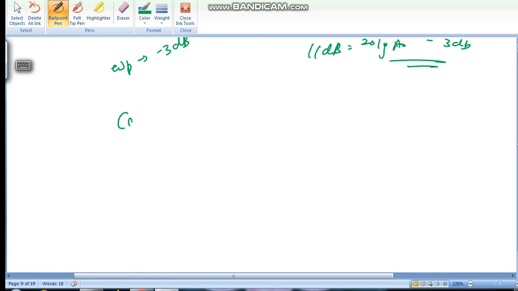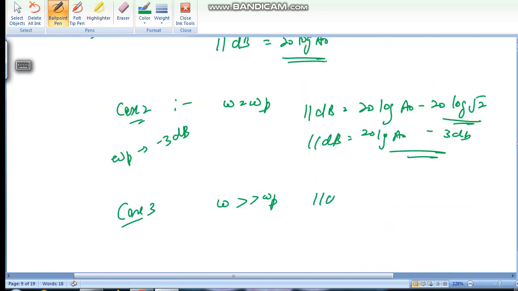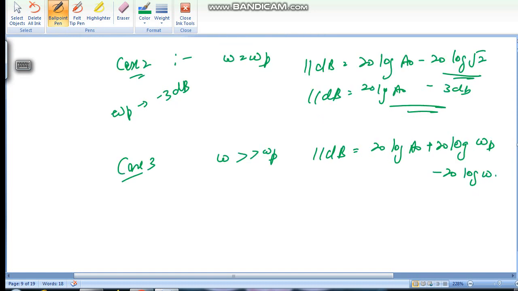Now let's consider case 3, when omega is much greater than omega p. Then this second term is much greater than 1, so we can ignore 1. The magnitude in dB becomes 20 log A naught plus 20 log omega p minus 20 log omega. So you can consider it as a straight line, like y equals mx plus c.